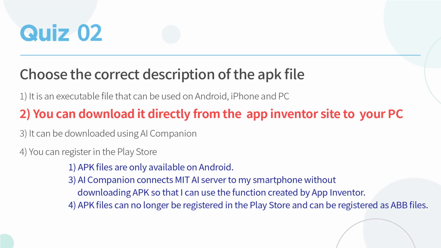And number 4 is wrong because the APK file can no longer be registered in the Google Play Store. Since August 2021, if you try to register your application to the Google Play Store, you have to generate an AAB file instead of an APK file.